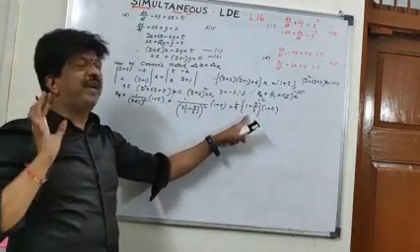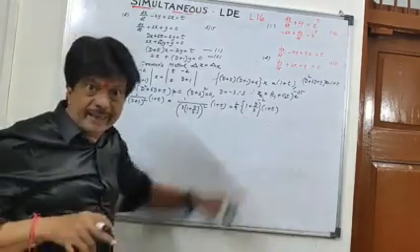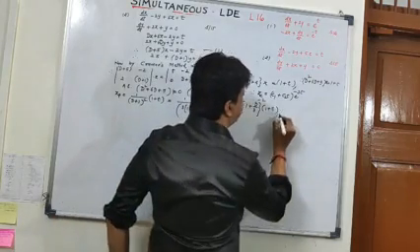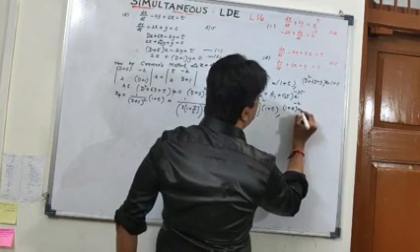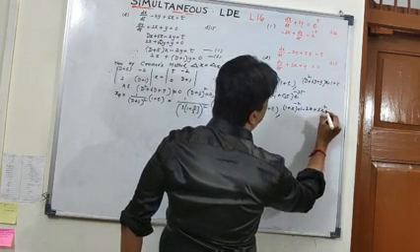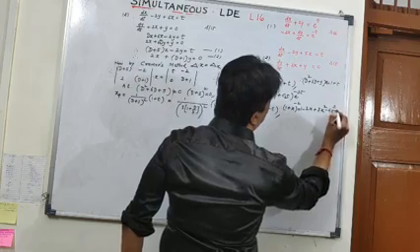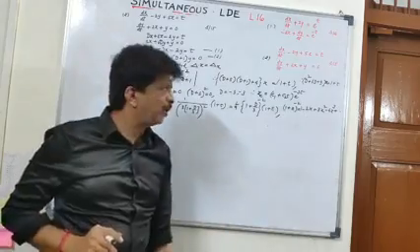Now I will expand this in a binomial sense using the formula (1 + x) raised to power minus 2 is equal to 1 - 2x + 3x² - 4x³ and so on, plus minus. You need to know this formula.